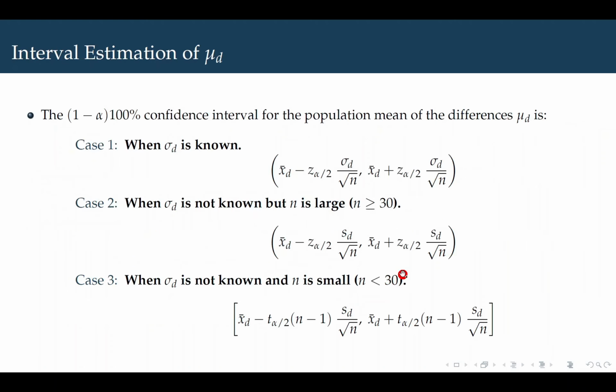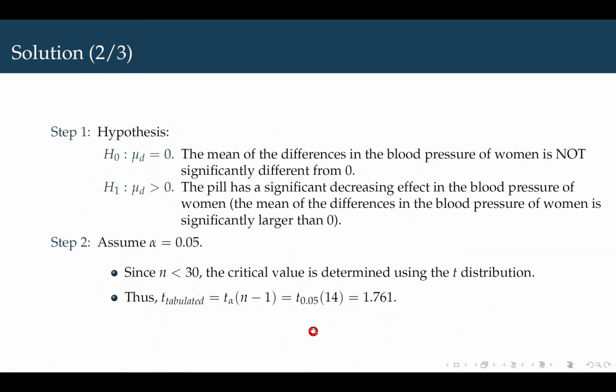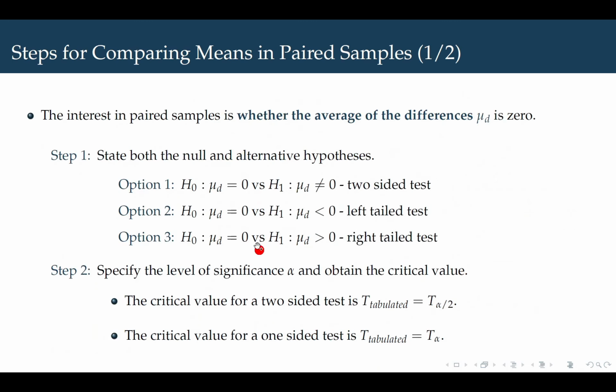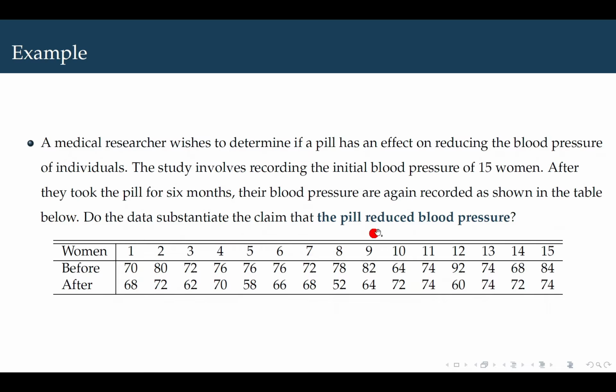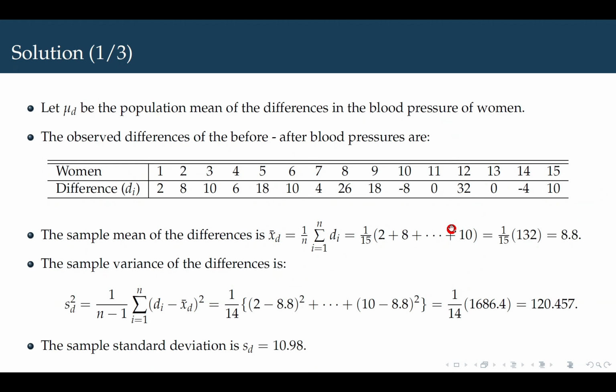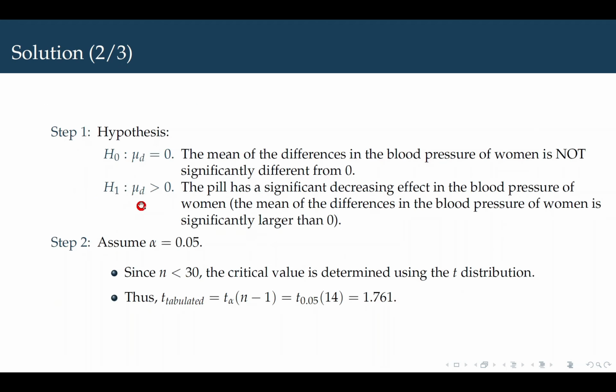Now here note that for the construction of the confidence interval, we always use the critical value as z alpha over 2 or t alpha over 2 with n minus 1 degrees of freedom. But for hypothesis testing, we could have either a different-from alternative hypothesis, a less-than type alternative hypothesis, or a greater-than type alternative hypothesis. For the previous hypothesis testing example, we were interested in whether the pill reduced the blood pressure. Therefore, the alternative hypothesis was one-sided.